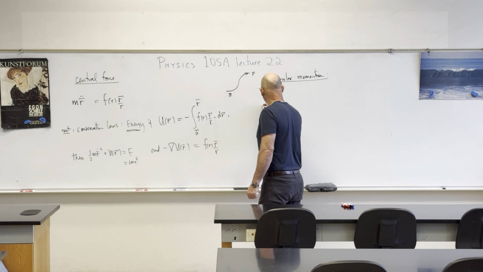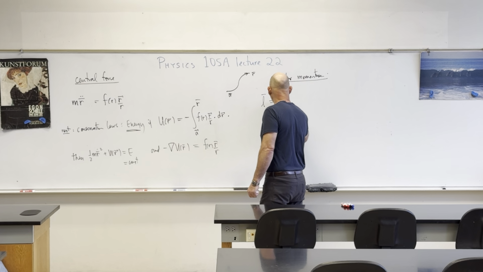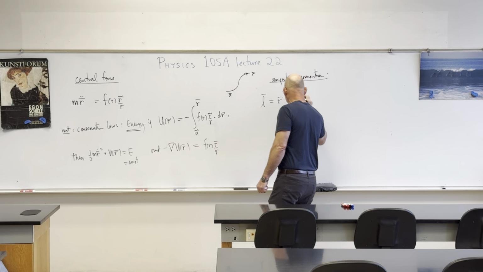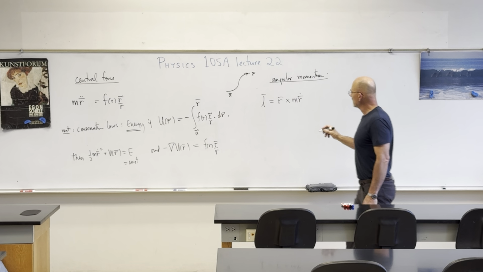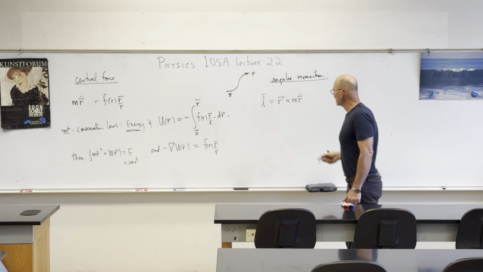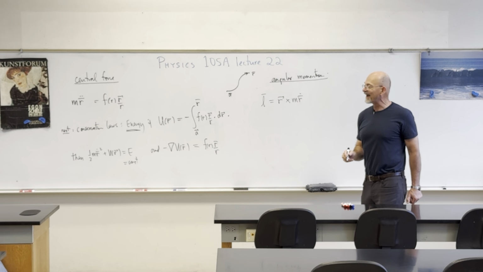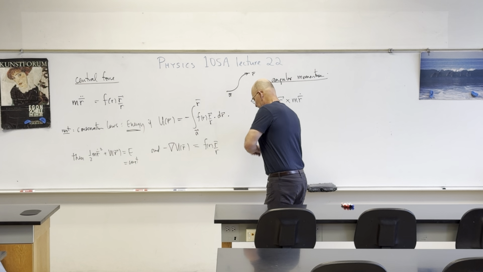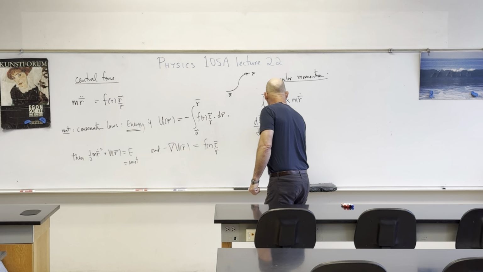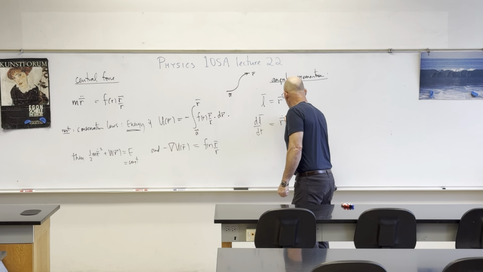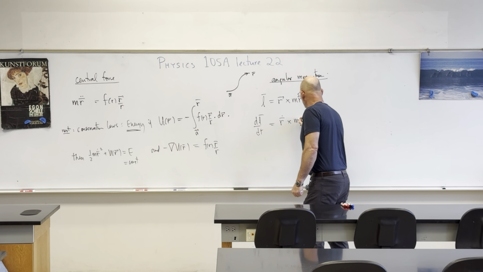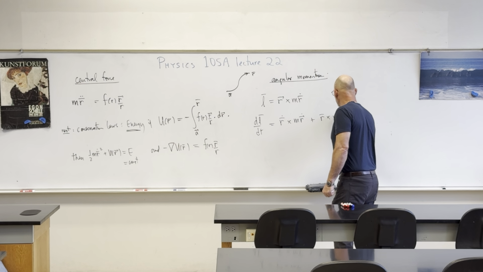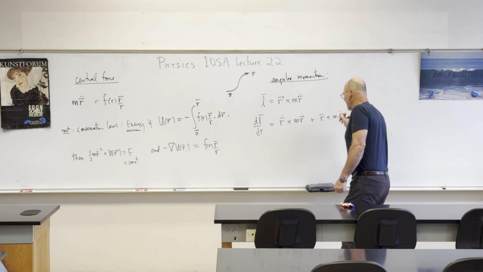So we'll have L is equal to r cross m r dot. We define that as the angular momentum, and we'll take its time derivative. We'll have r dot cross r dot plus r cross r second derivative.